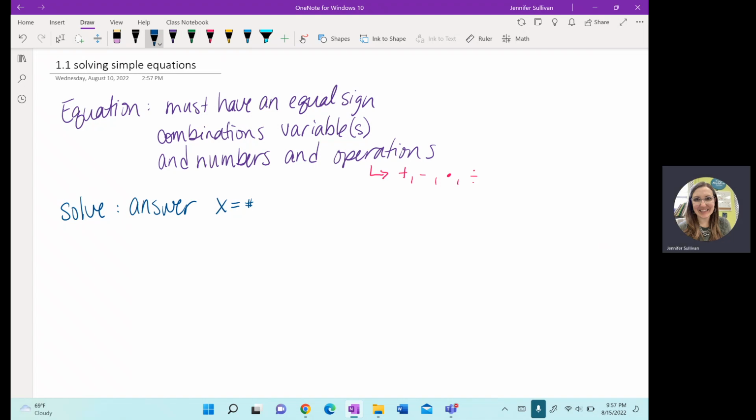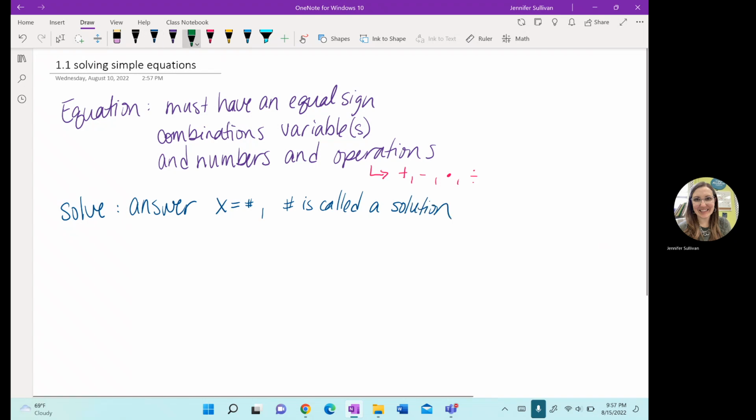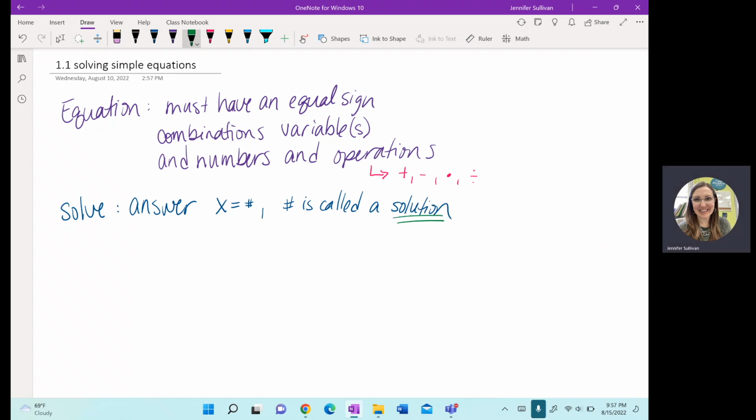Another thing is that when I'm talking about my answer to a solved problem, the number is called a solution. And anytime we have a solution, it too has a definition. Basically, a solution is some number that when I plug it into the original equation, I get a true statement.